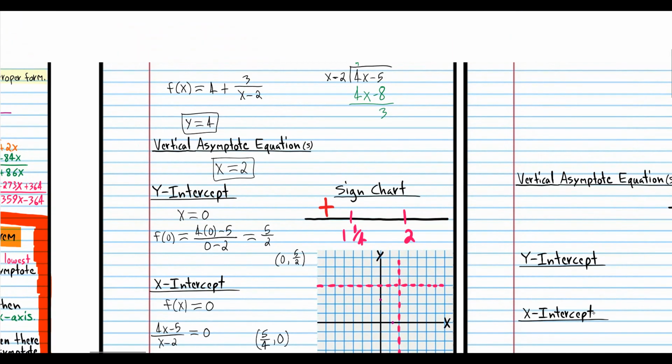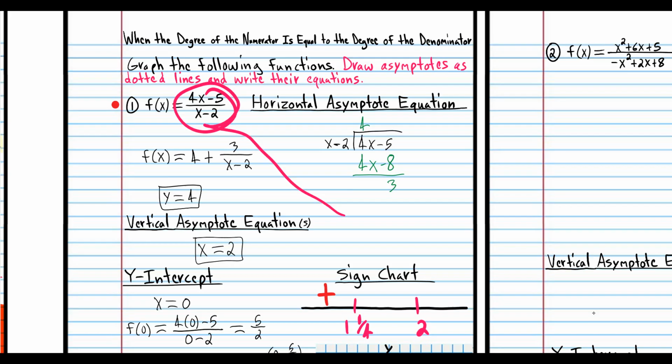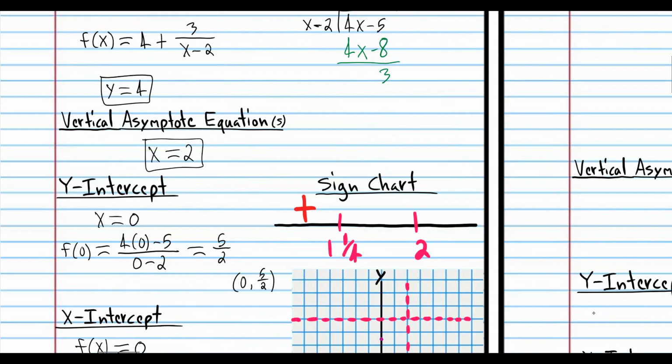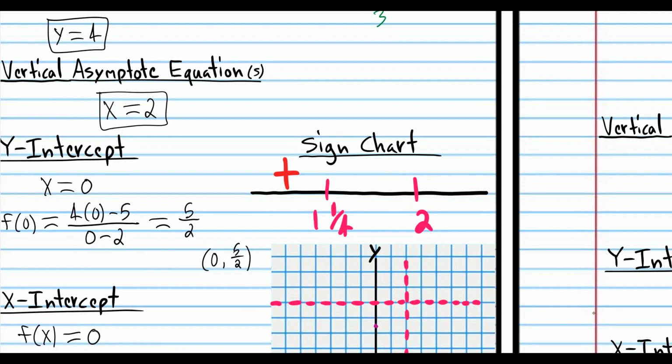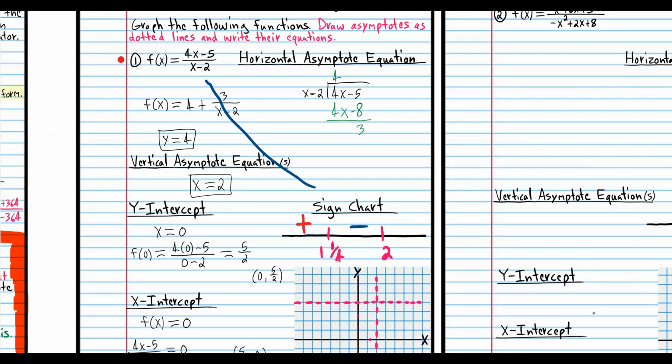If you plug in 1.5, we just want to see what the sign is going to be. We don't really care about what the number is. And so it looks like we get a negative number. And let's plug in 3 up here. If we plug in 3, we definitely get a positive number.